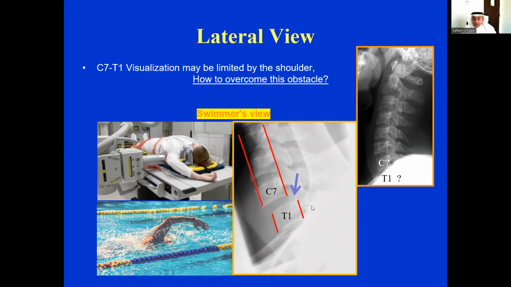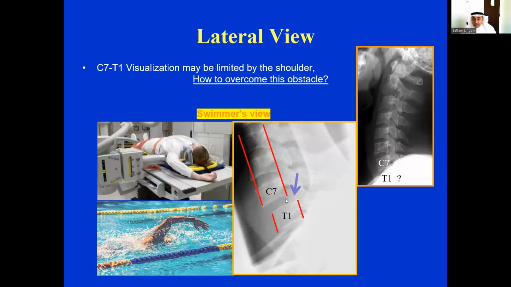This gives you this image showing the ipsilateral humerus being pushed out of the field above the head, and the cervicothoracic junction is clearly visualized.